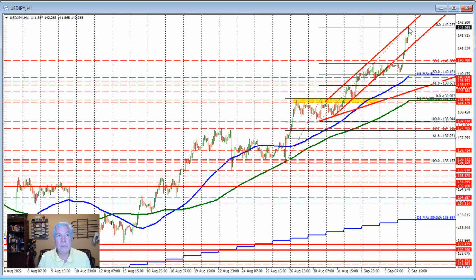If we look at the hourly chart, the high price just reached 142.277, and that's just short of this topside channel trend line, which was developed here. We did sort of sideways our way through that level during yesterday's trade and today, but then based and moved sharply to the upside, coming up and retesting that topside level for this currency pair.